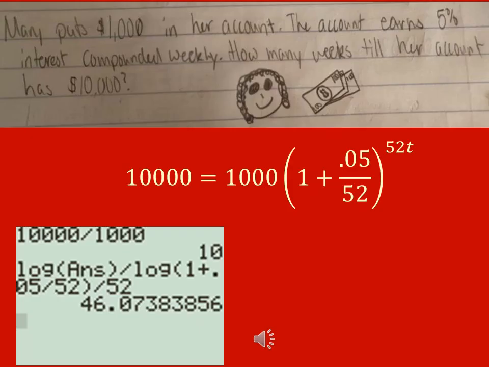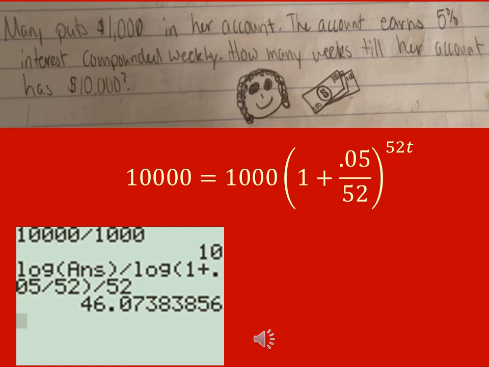I have pretty much everything worked out here. Again, it's going to be 10,000, what we want in the end, equals 1,000, the principal, times 1 plus 0.05 over 52, because there's 52 weeks in a year. And that's all raised to the 52t power.